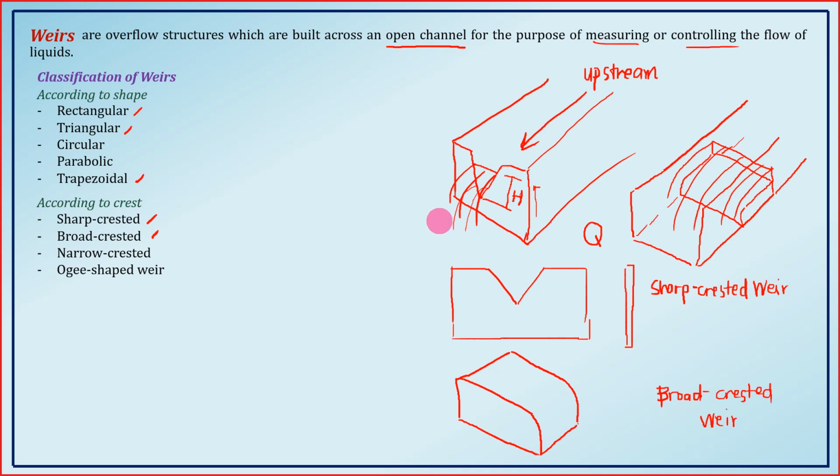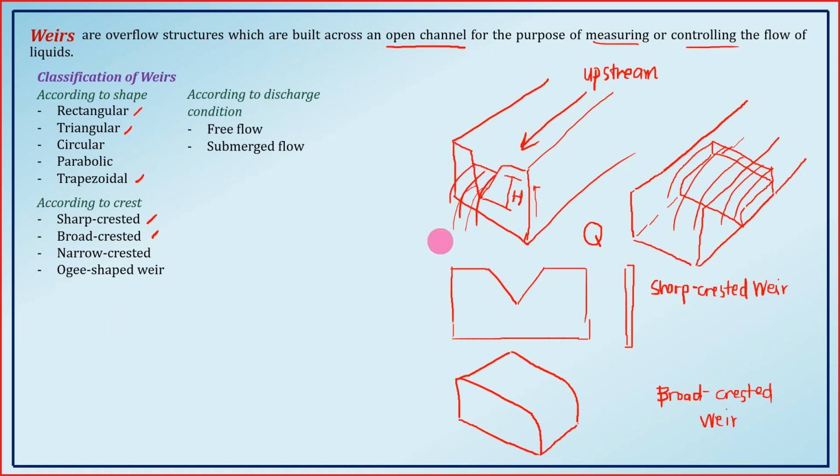So, dagdagan pa natin yung mga classification ng weir natin. So, according to the discharge condition, nakita na rin natin to sa orifice, di ba? So, we have the free flow discharge, and meron din tayong submerged flow. So, kailan tayo nagkakaroon ng free flow?